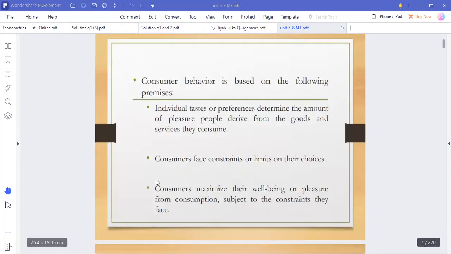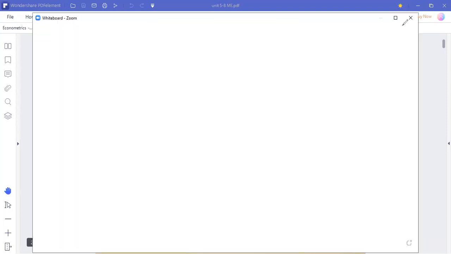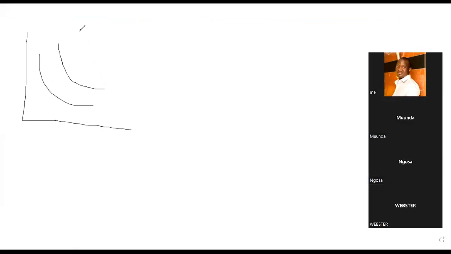These utility functions will be illustrated by curves that are downsloping and concave. They look like this. These are called indifference curves. Indifference curves are parallel to each other. Indifference curve 1, indifference curve 2, indifference curve 3.